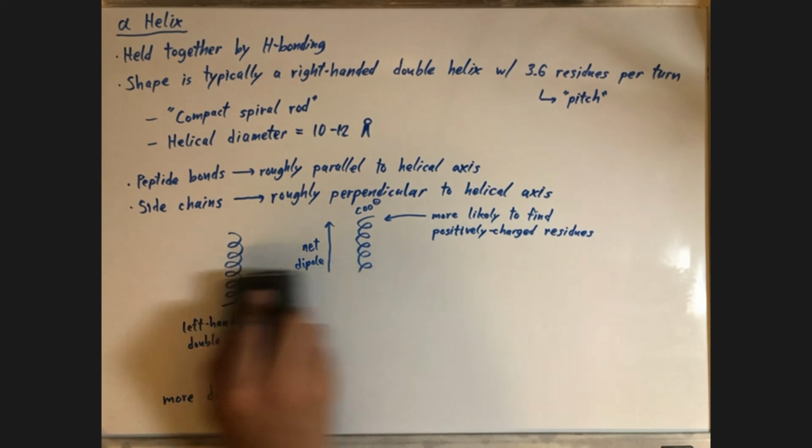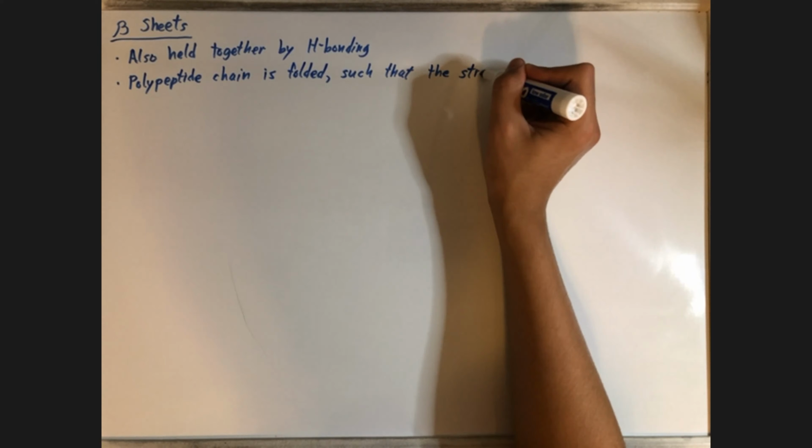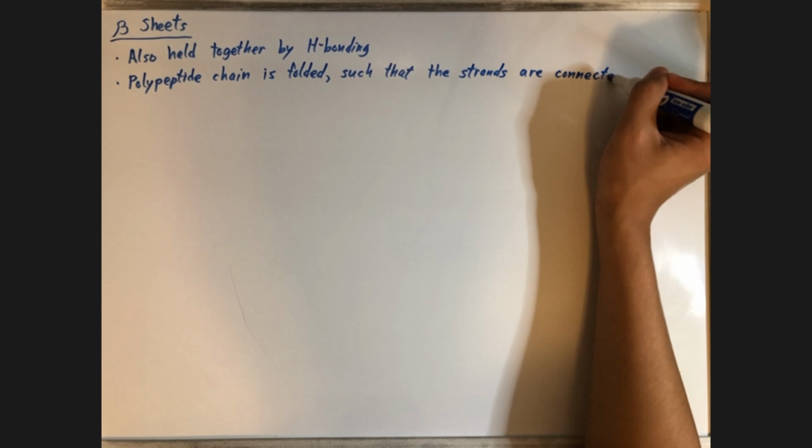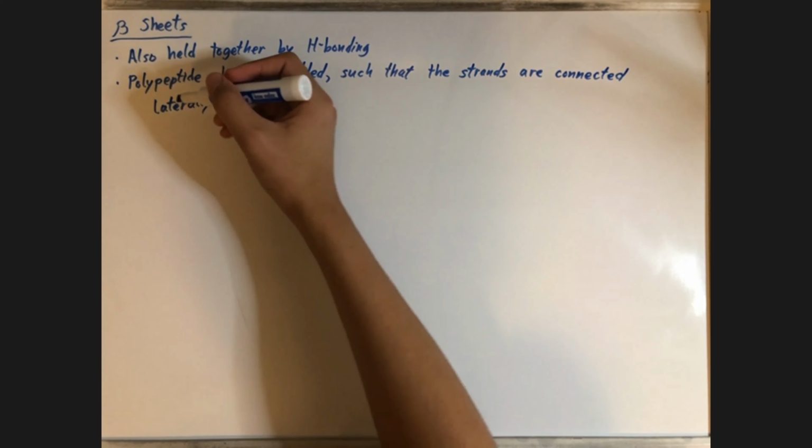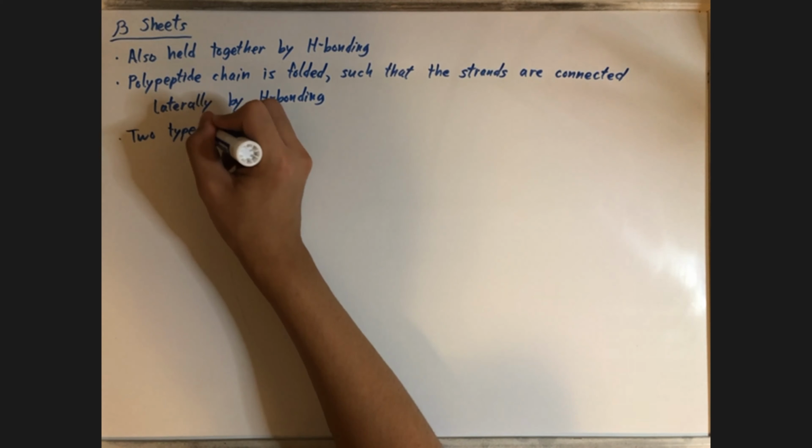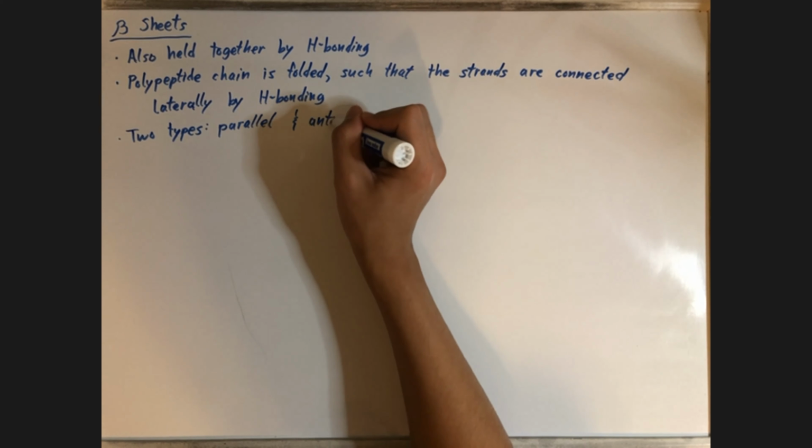Now let's talk about the beta sheets. Just like the alpha helices, these are also held together by H bonding. And beta sheets are when a polypeptide chain is folded such that the strands are connected laterally by hydrogen bonding. And there are two types of beta sheets, parallel and antiparallel.